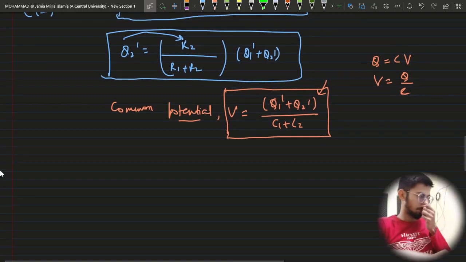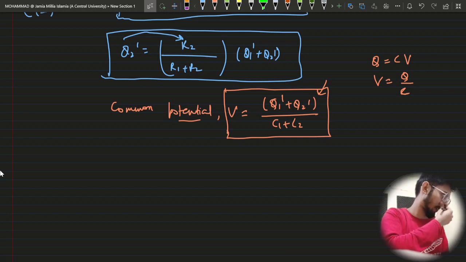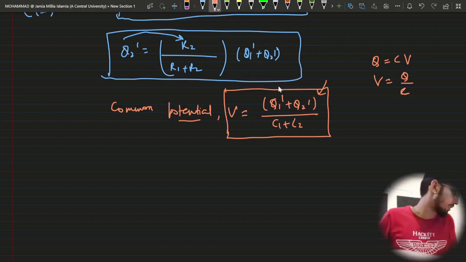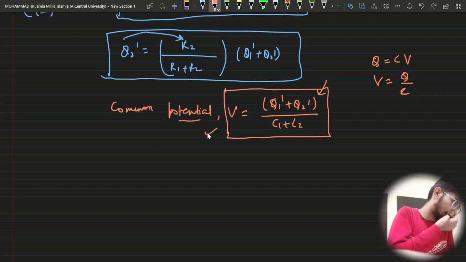But let us finish the theory first. I have also another thing to tell you in this, but we'll not prove this. We'll just write the final result.